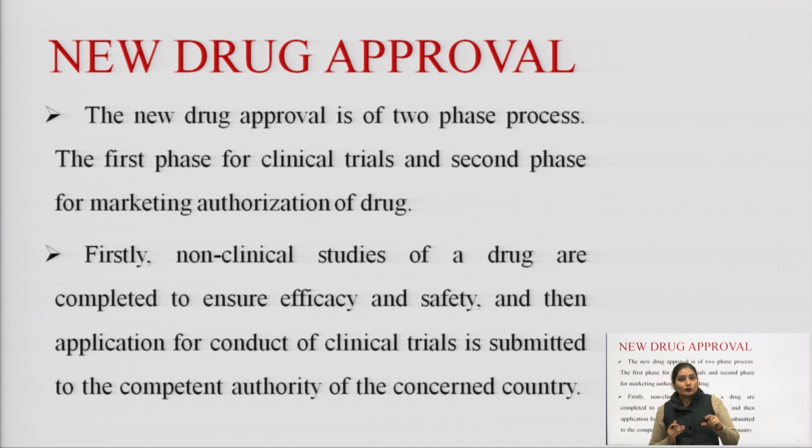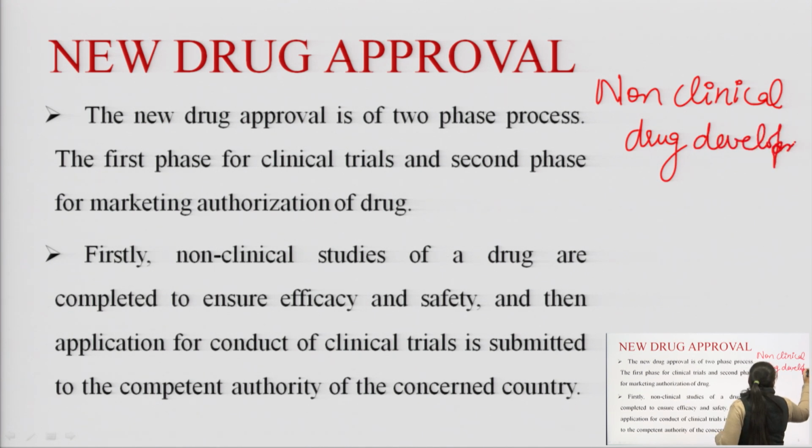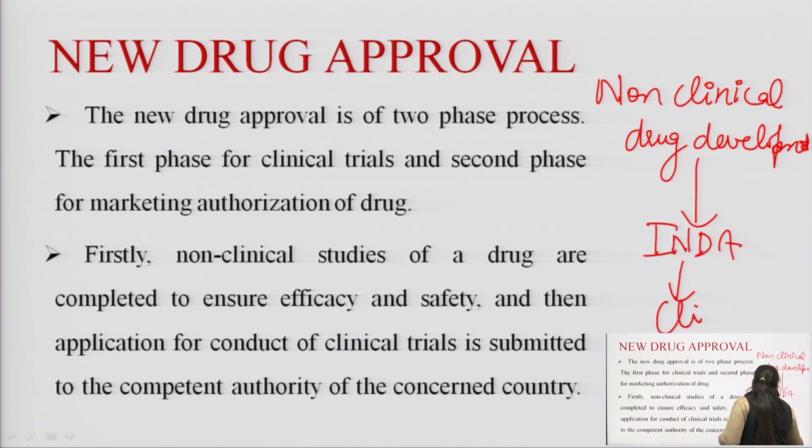Okay. As I have told you, in the drug development process, the first step is non-clinical drug development, the second step is IND, the next step is clinical drug development, and last is the NDA.